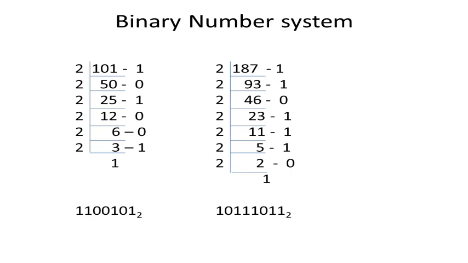Here you divide 101 by 2, and you can see the answer is 50, and there will be 1 remaining after division. Then you divide 50 by 2.